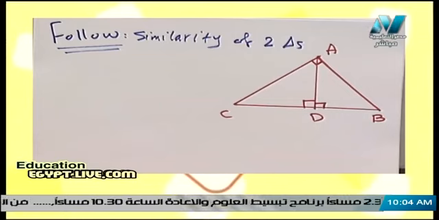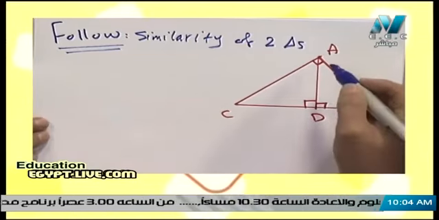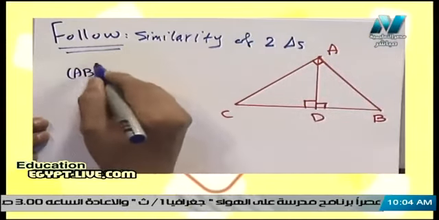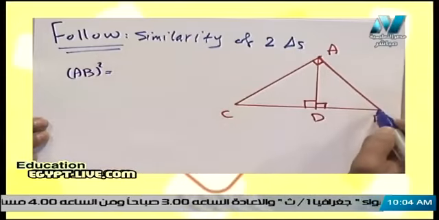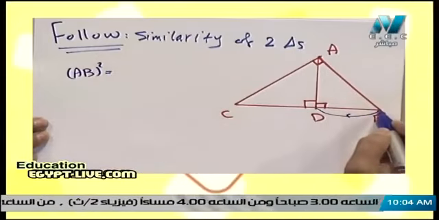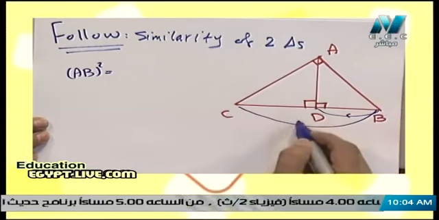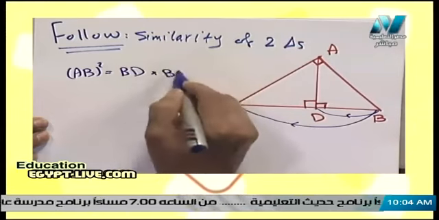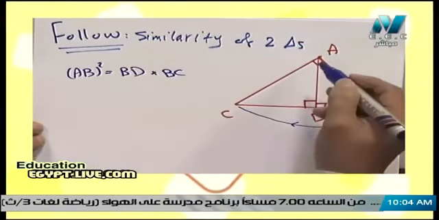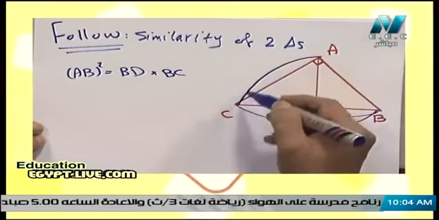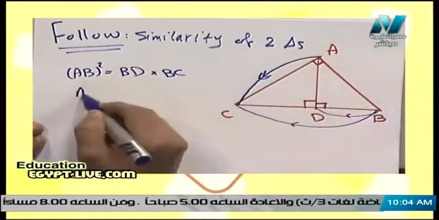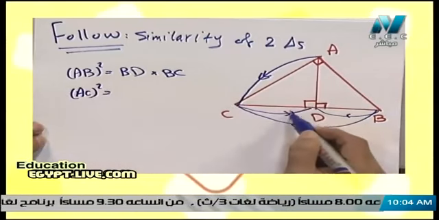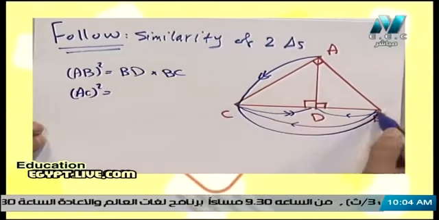What is the Euclidean theorem? We have AB power 2 equals BD multiplied by BC. And also we have AC power 2 equals CD multiplied by CB.